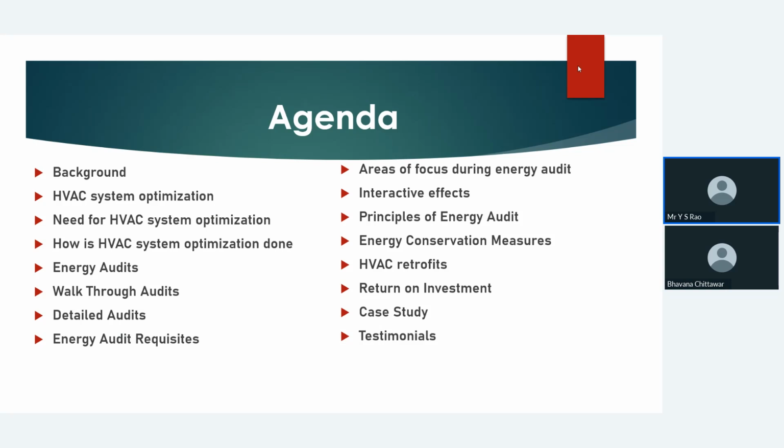The first one on the list is the background, followed by HVAC system optimization, need for HVAC system optimization, and how HVAC system optimization is done. Then energy audits, types of energy audits that include walkthrough audits and detailed audits, energy audit requisites, areas of focus during the energy audit, interactive effects, principles of energy audit, energy conservation measures, HVAC retrofits, and return on investment.